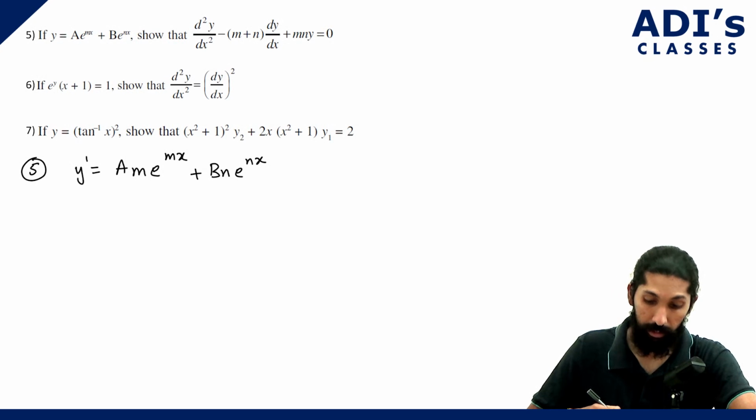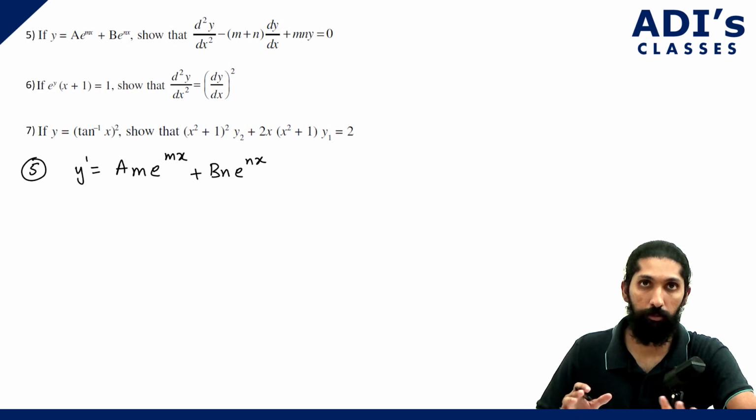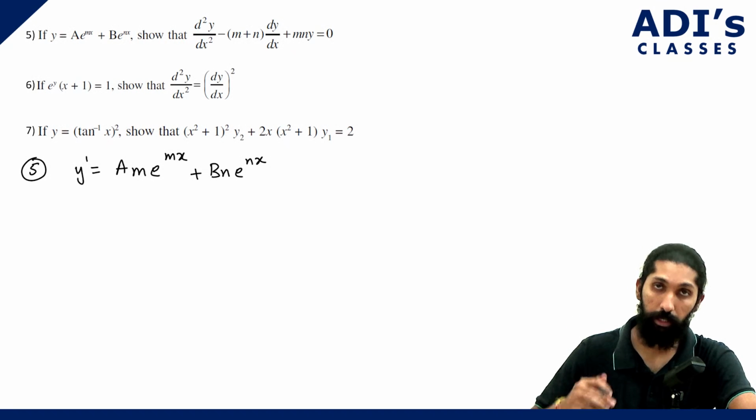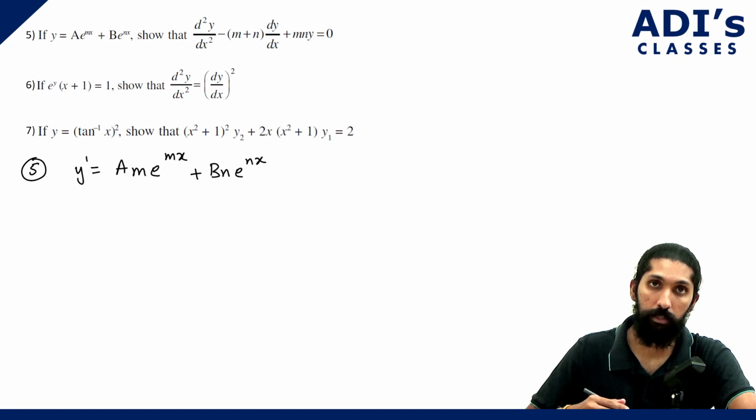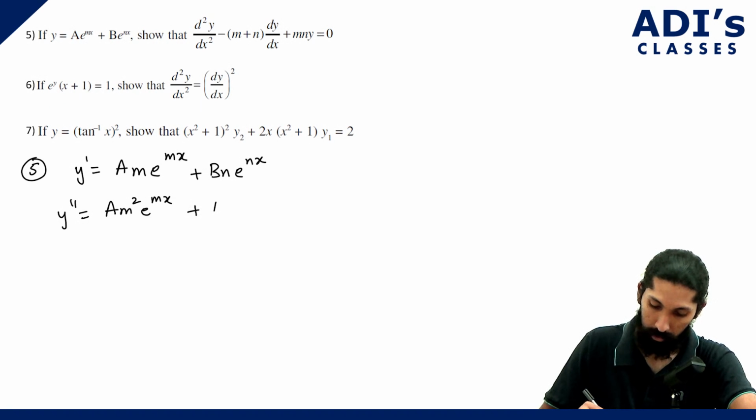This is y dash. Now you can't do anything because there is no division or minus here. Just keep it as it is. Differentiate again. Do y double dash. So when you do y double dash, a m square e power mx plus b n square e power nx.